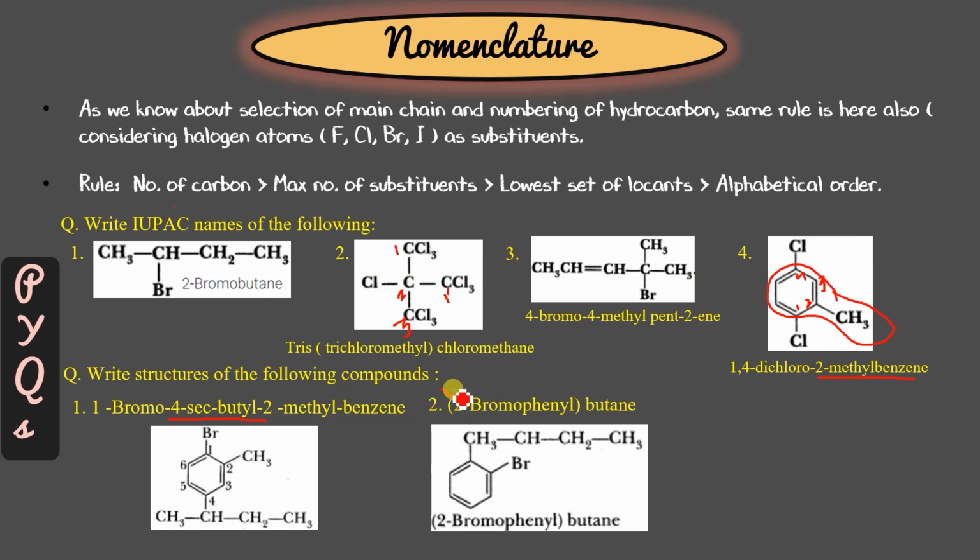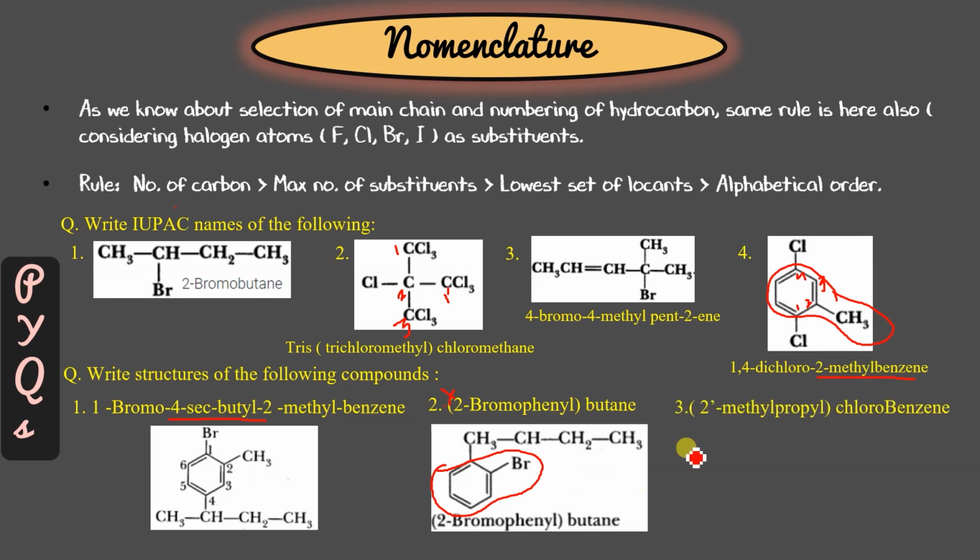I don't know why, but a wrong structure was given and that was asked in your board exam. So you have to be careful about this. This will be the main chain. That means bromobenzene will be the main chain, and this will be butyl. So what will be the name for this? It will be butyl bromobenzene. Got it? I hope it is clear. Yes.